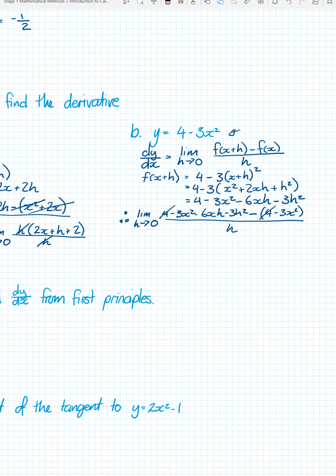Simplifying, the 4's cancel out, the minus 3x squared cancels out because we have the minus here, so it's minus 3x squared plus 3x squared, so that is equal to the limit as h approaches 0 of, making sure we take note of the signs, minus 6xh minus 3h squared over h, and again taking h out as the common factor, we cancel out the h's and now set h to 0, so the minus 3h disappears and we're left with minus 6x.